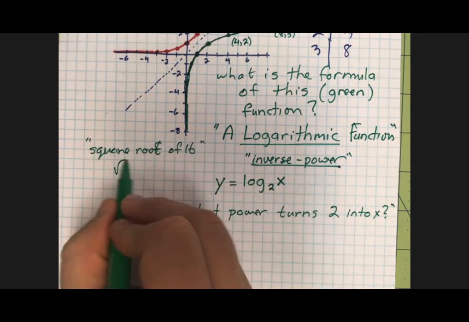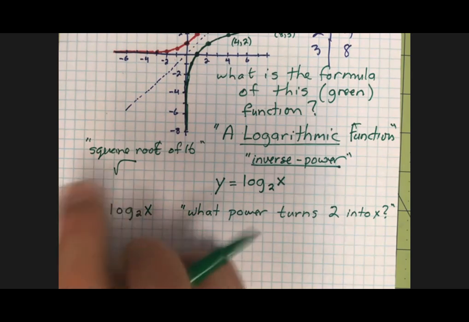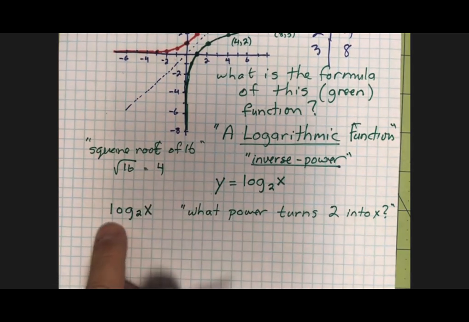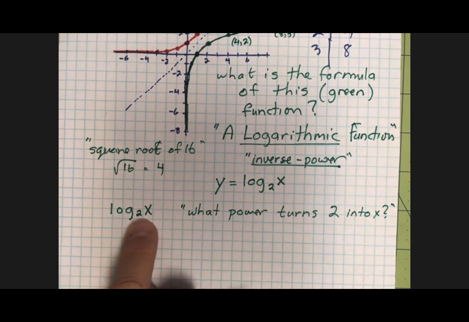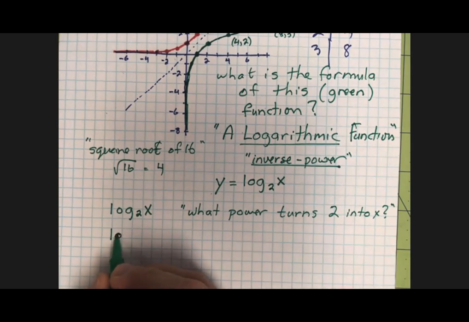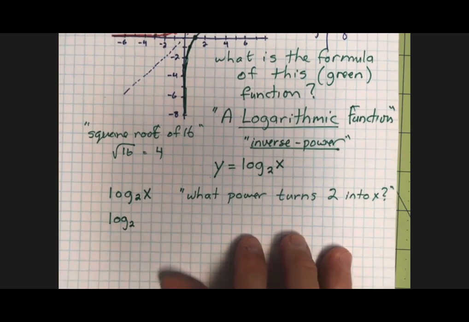They just use that symbol for the square root. So when you see someone write log base 2 of x, you have to learn how to read it. What power turns 2 into x? I can show you how to do this on your calculator too, and we will do that. But first I got to teach you how to read it.